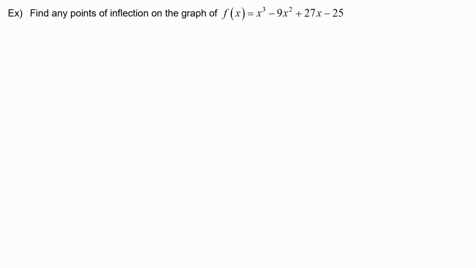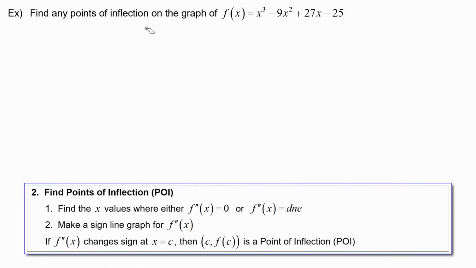In this example, we have to find any points of inflection on the graph of f of x equals x cubed minus 9x squared plus 27x minus 25. We know that in order to find points of inflection, we are going to need the second derivative.